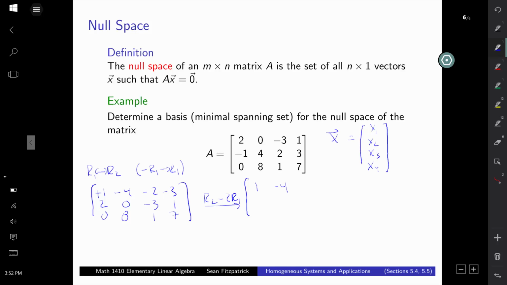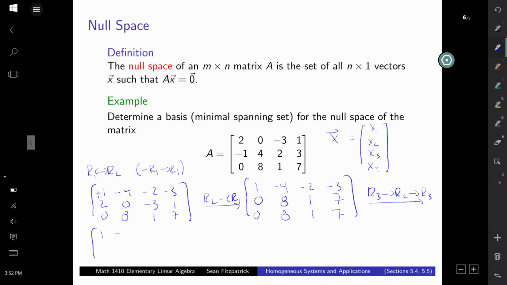That gives 1, minus 4, minus 2, minus 3, then 0, 8, 1, 7, then 0, 8, 1, 7. How about that? So what's next? Row 3 minus row 2 is going to be my new row 3.